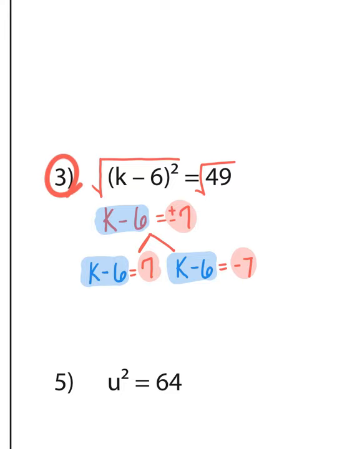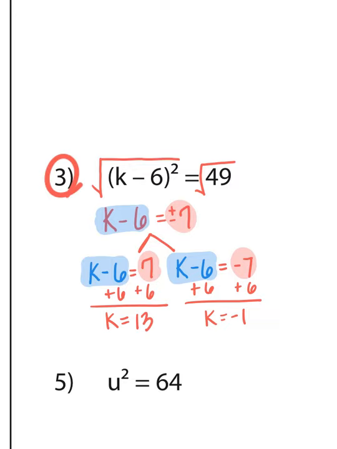We're going to add 6 to both sides. And we get k equals 13. And then over here, we're going to add 6 to both sides again. And we get k equals negative 1.